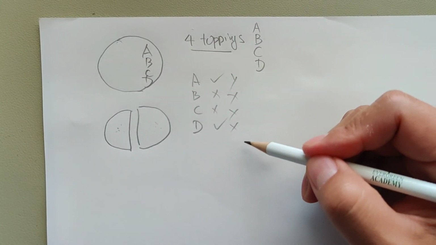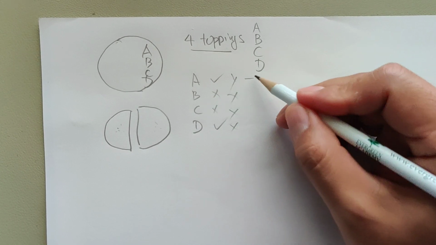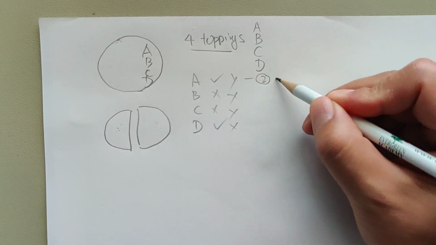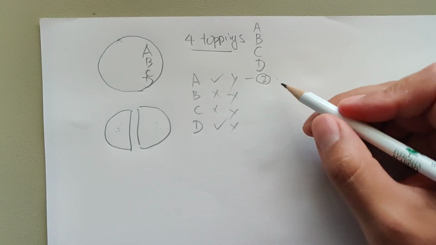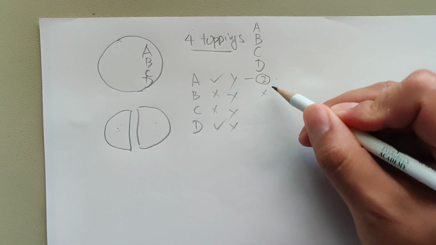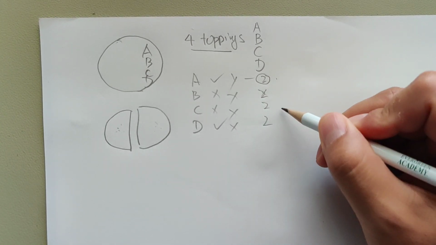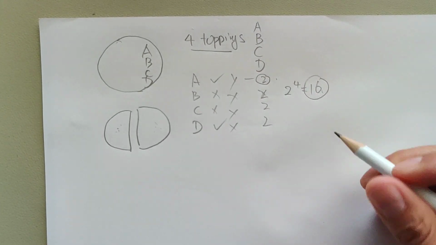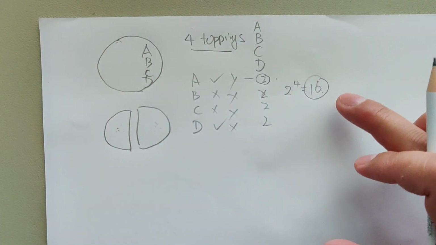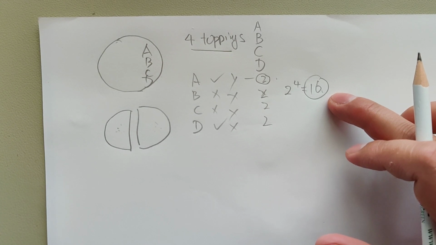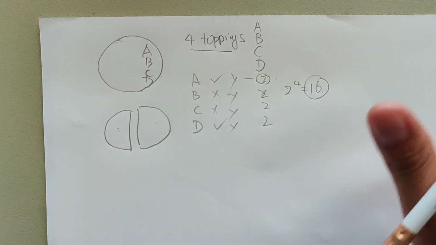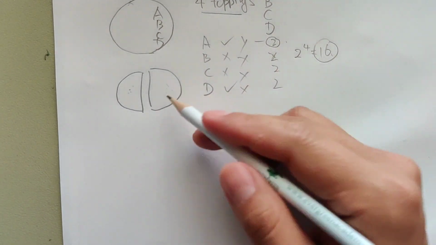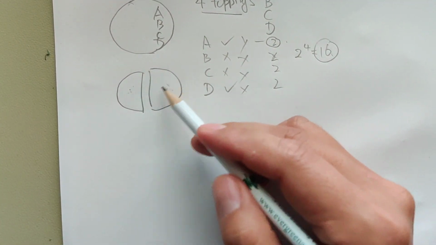So that's 1. So for each topping here, you got 2 options. And you can combine them together, so that's 16. So 16 for whole pizza, 16 potential combinations you can choose, including no topping, including all the toppings. Easy. Okay, that's done.